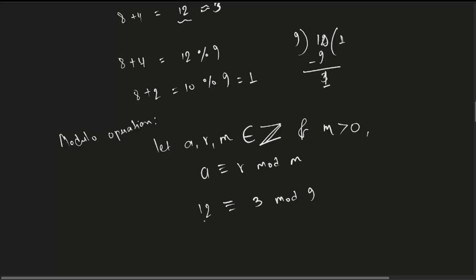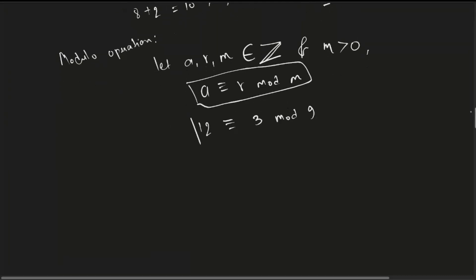And this is how we read it. So 12 mod 9 gives me the remainder of 3, or we could also say 12 is equivalent to 3 mod 9. This is the way we read it. And again, here the m is called the modulus, and r is called the remainder.